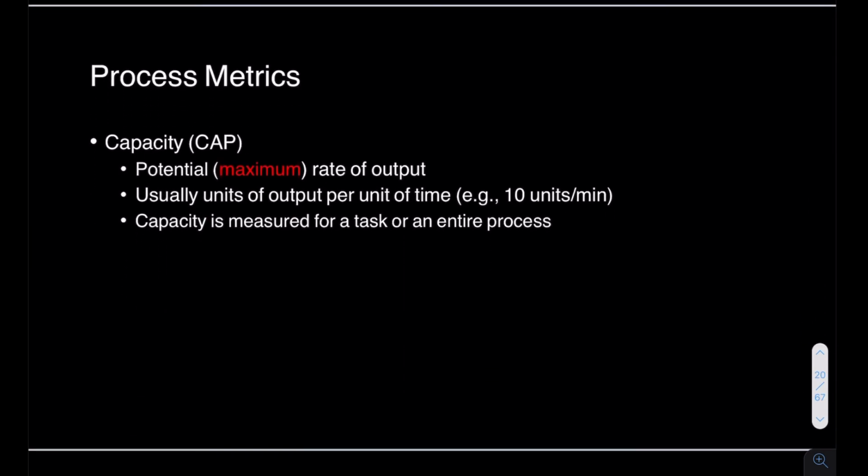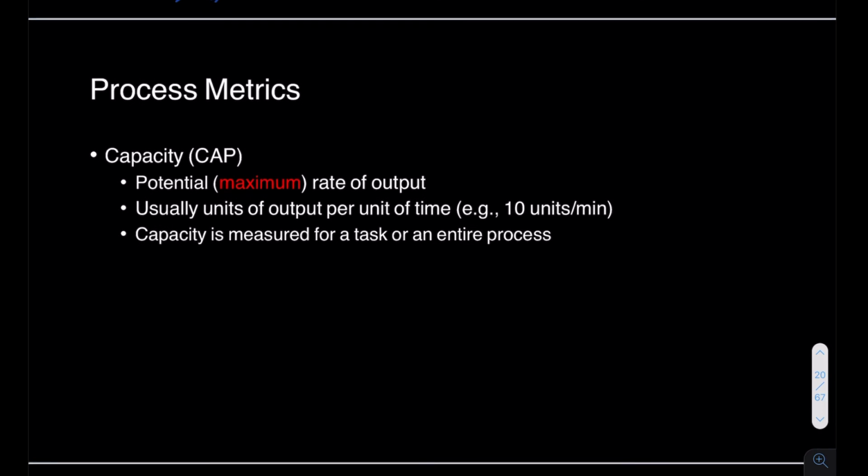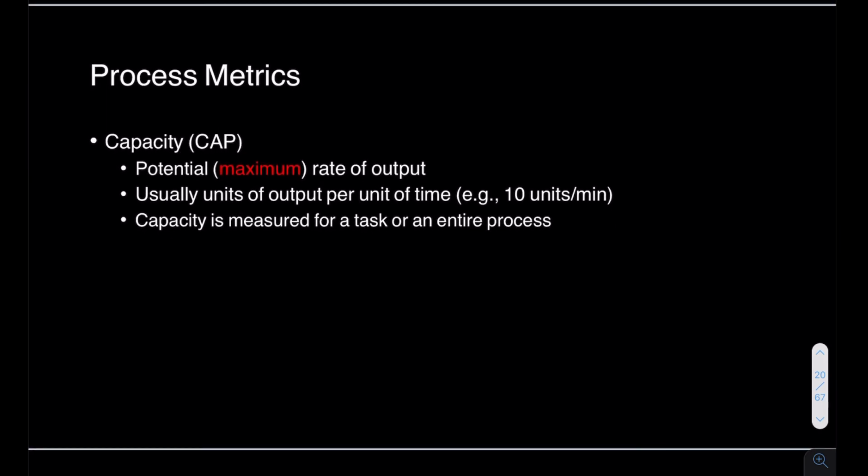Let's move on. Next one is capacity. The measurement of capacity is similar to arrival rate and output rate. Why? Because capacity also measures how many units per given time dimension, but from a little bit different angle. What you want to see here is, you always need to remember this keyword: maximum.